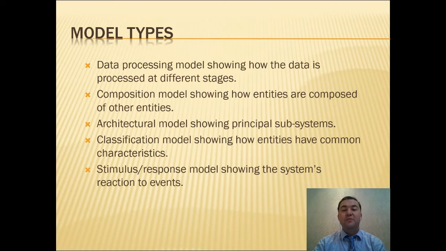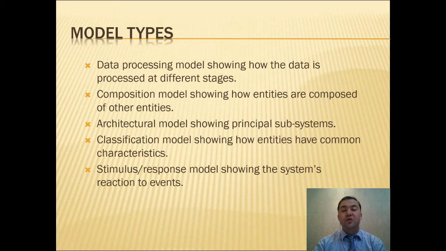Examples of the types of system models that you might create during the analysis process are a data flow model. Data flow models show how data is processed at different stages in the system. A composition model. A composition or aggregation model shows how entities in the system are composed of other entities. An architectural model.